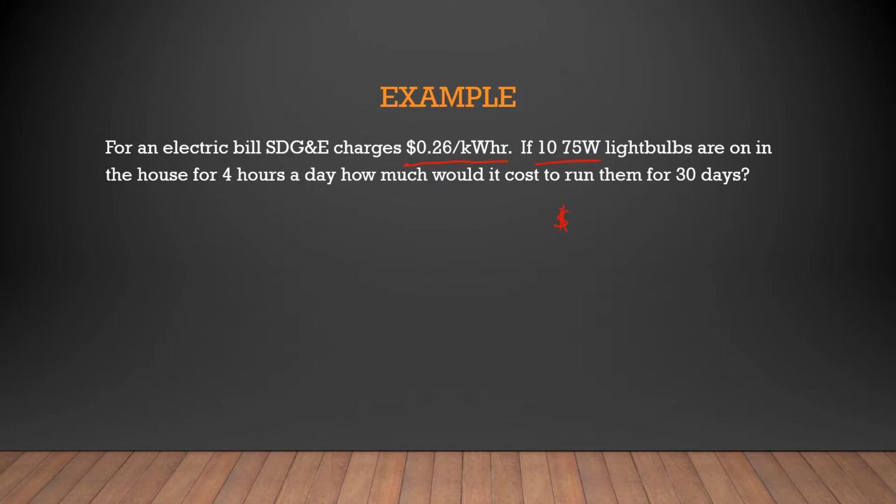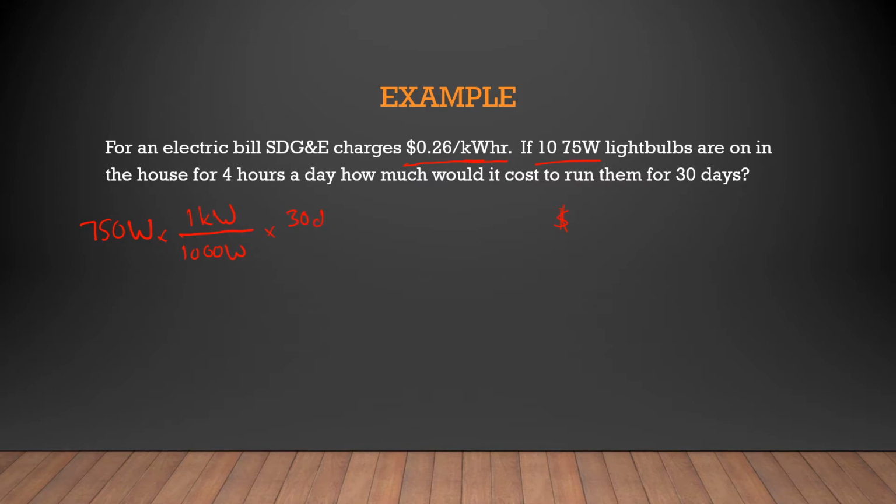We have 10 75-watt light bulbs. That's a total of 750 watts. Just like with meters, a kilowatt is 1,000 watts. So we know 1,000 watts is the same as 1 kilowatt. So now we've gotten to kilowatts. That's what we need there. But now we also need hours. We are running this for 30 days.